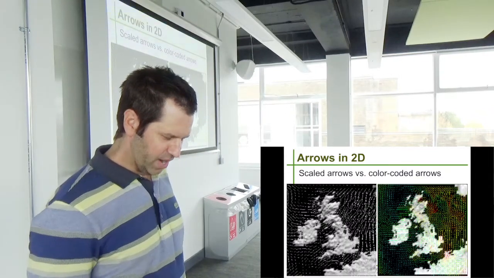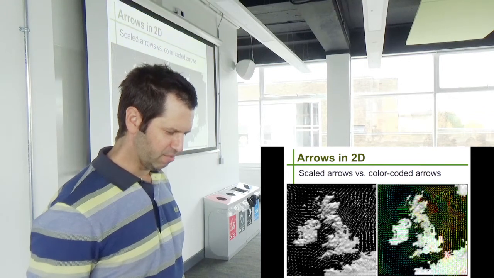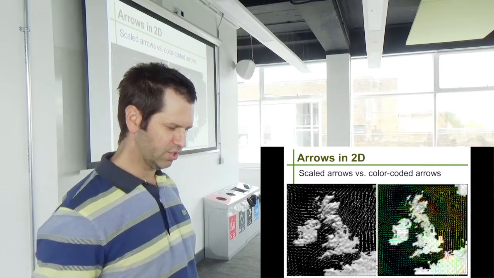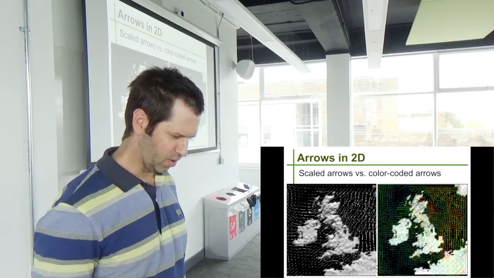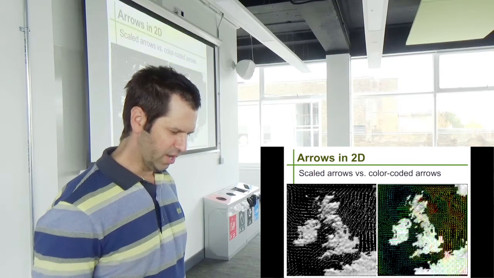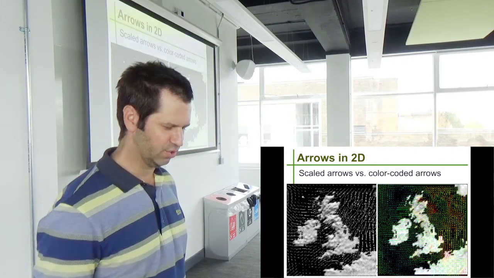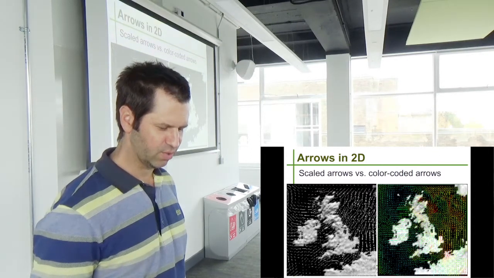So these are arrows that have different lengths to reflect the magnitude, and again, these are not the highest quality images, but you can still get some ideas, like some arrows are longer than others. And look, the arrows get very, very short here, so they're reduced to just a dot, which is not very helpful in the low velocity magnitude areas.